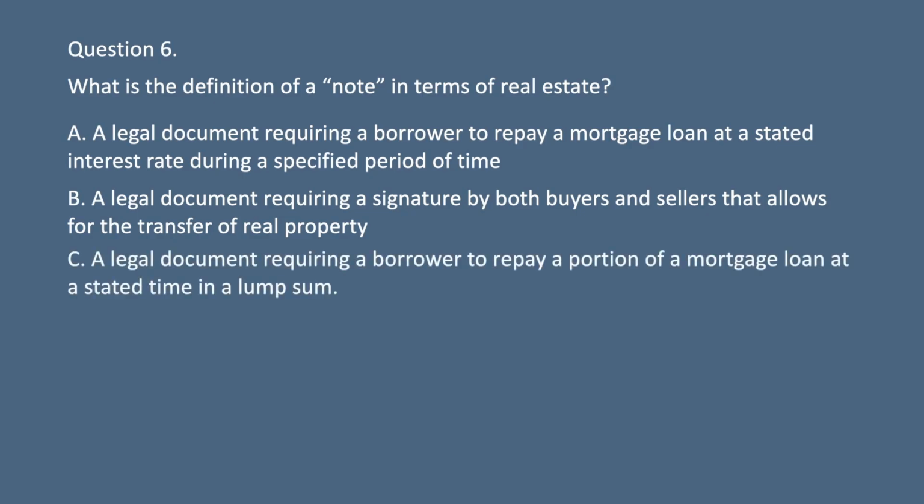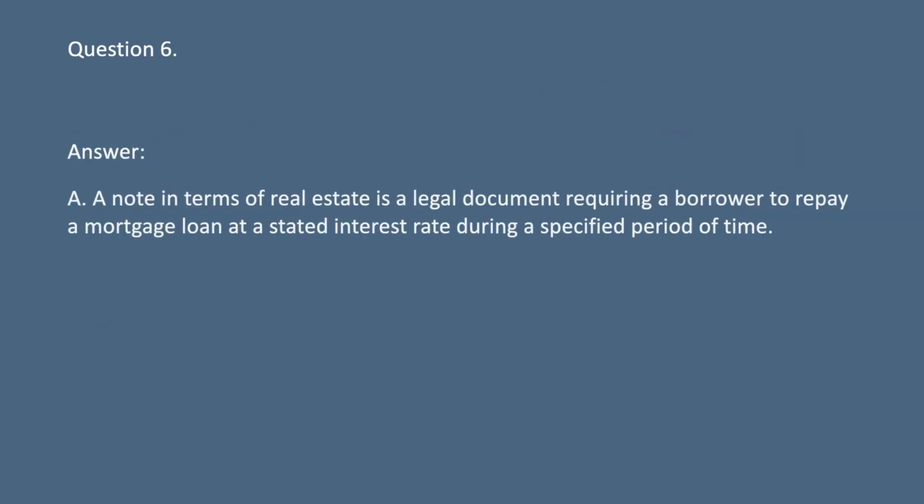C. A legal document requiring a borrower to repay a portion of a mortgage loan at a stated time in a lump sum. D. None of these. Answer A. A note in terms of real estate is a legal document requiring a borrower to repay a mortgage loan at a stated interest rate during a specified period of time.